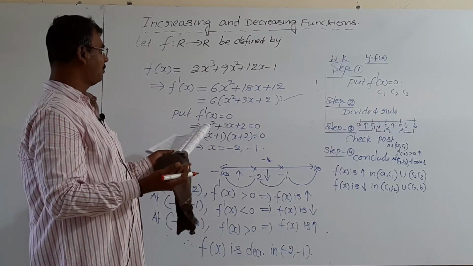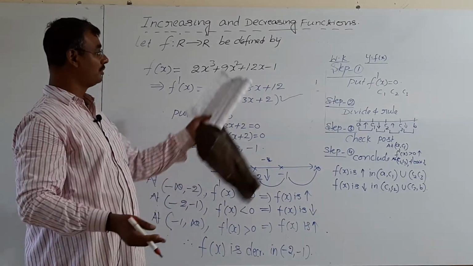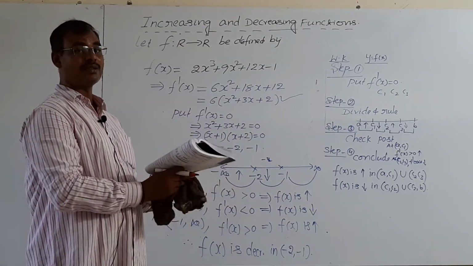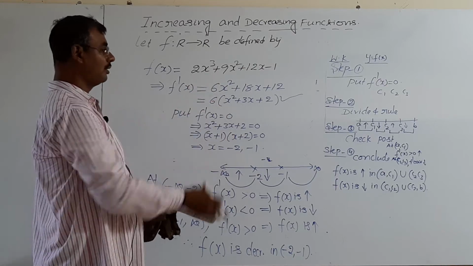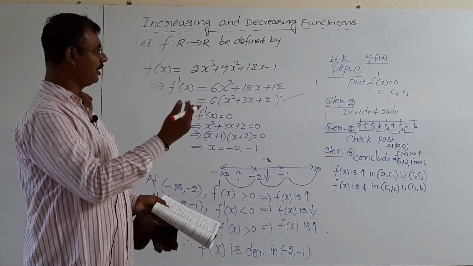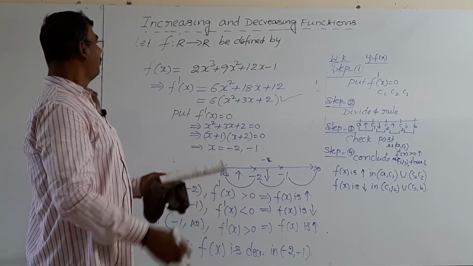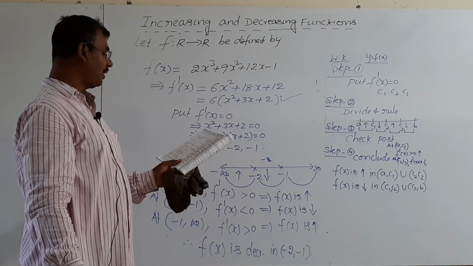Why? Because problems are there in a number of textbooks, but working rules are not. It is only our analysis; from the analysis we get the working rules. You have to see anywhere.